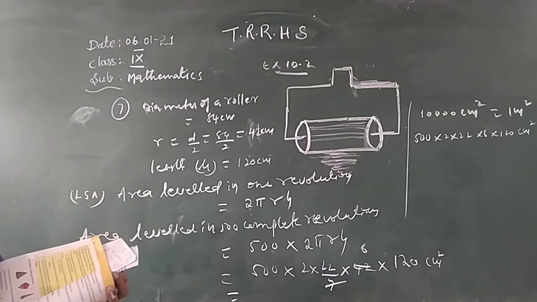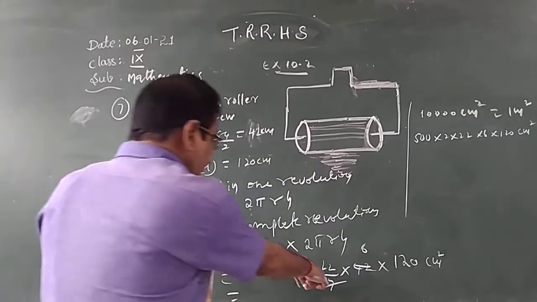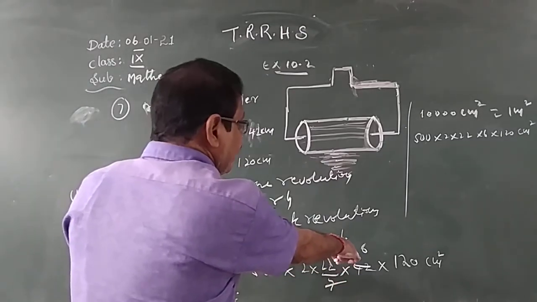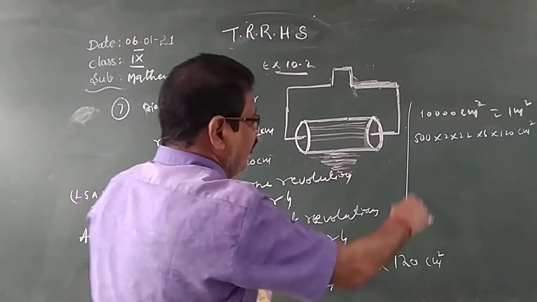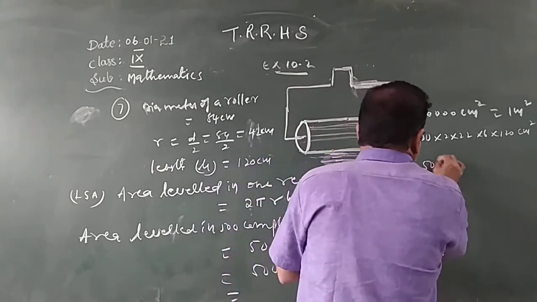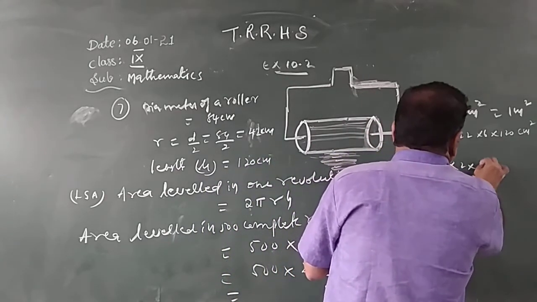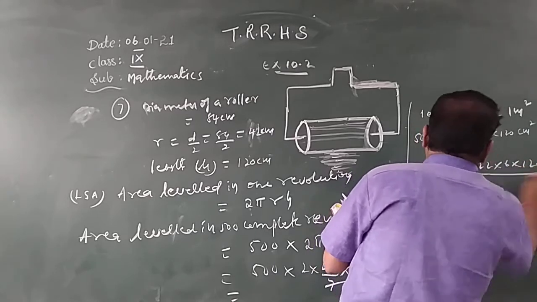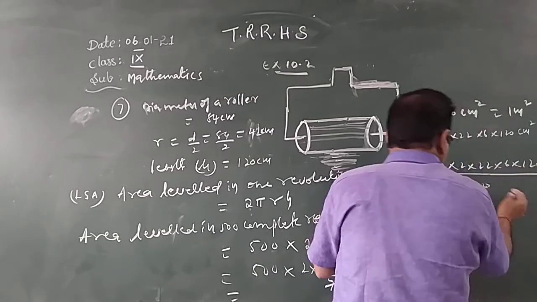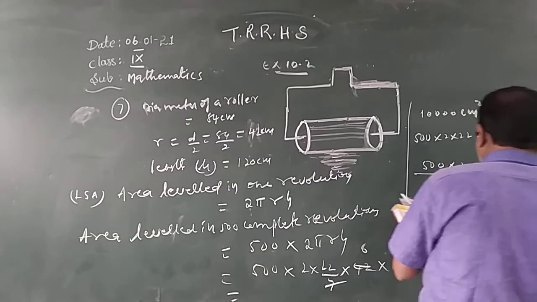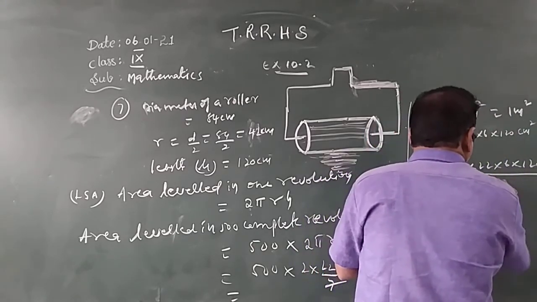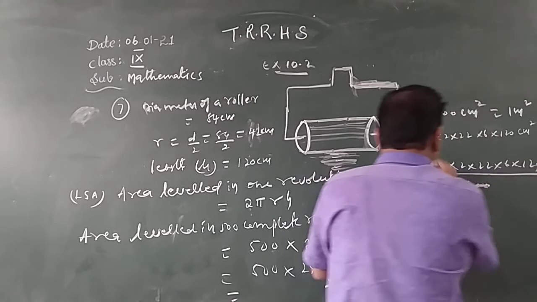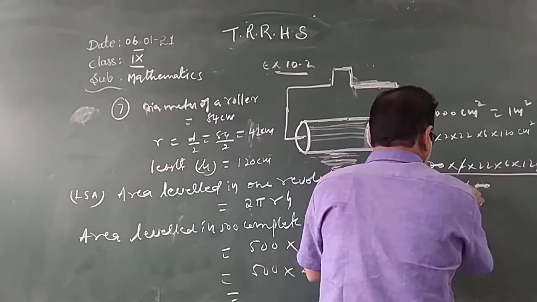So 500 into 2 into 22 into 6 into 120 by 10,000 is the area in square meters. 2 zeros, 1 zero, 1 zero cancel.